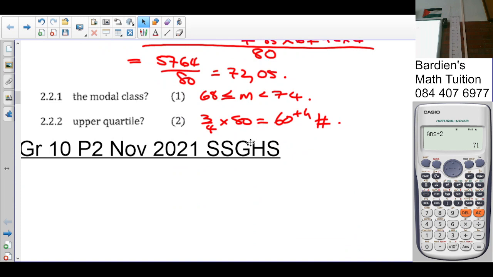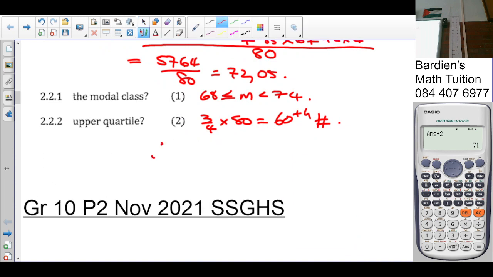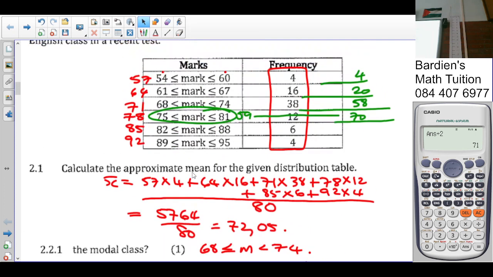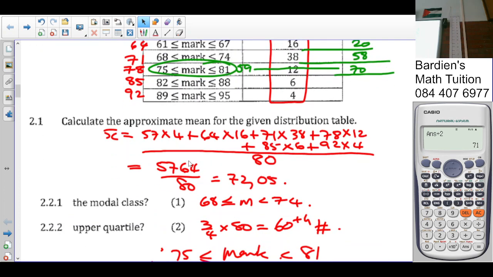So therefore, the mark is greater than 75 but less than 81. Okay, you guys understand? Any confusion, people? Any confusion? No?